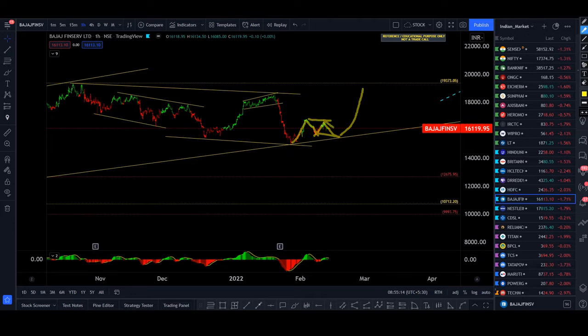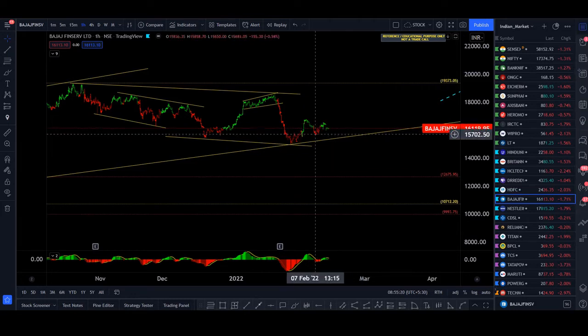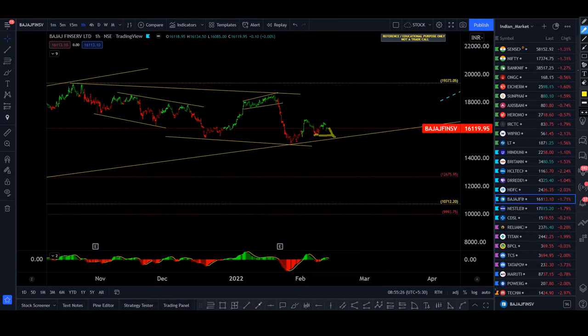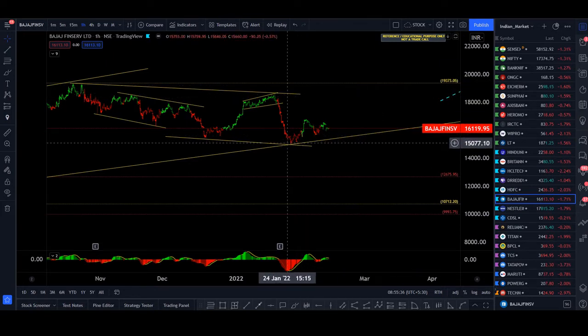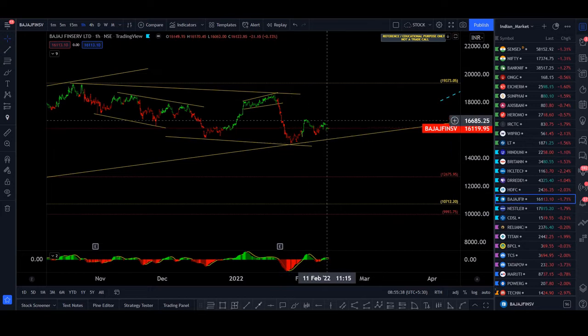So most probably we might enter if it retests the previous low, which is here. I think we may retest the previous low, and then the breakout will be the entry point, which will be approximately 16,000. So that will be a good entry point, and the stop loss will be at around 15,000.